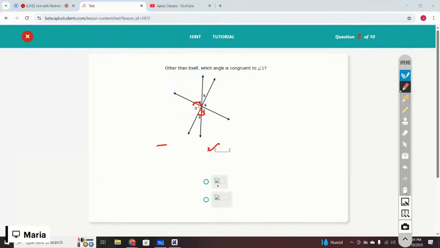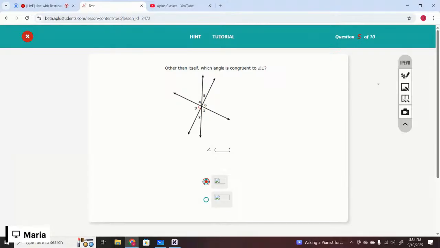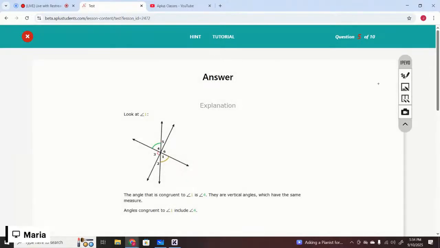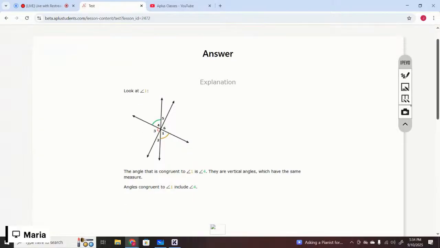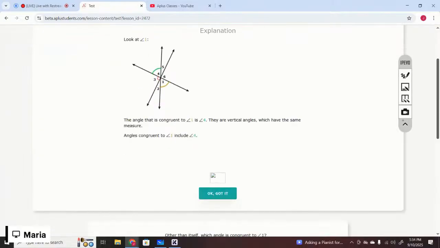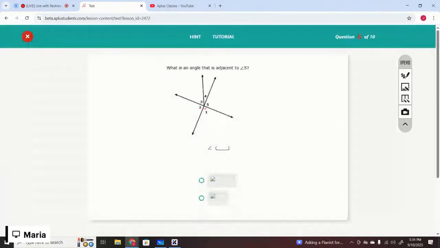Here is angle 1. So angle 4 is congruent because they are the angles formed at the intersection of the lines and they are exactly equal in measurement. They are vertical angles because they have the same measure, right? So the congruent angle to angle 1 is angle 4.